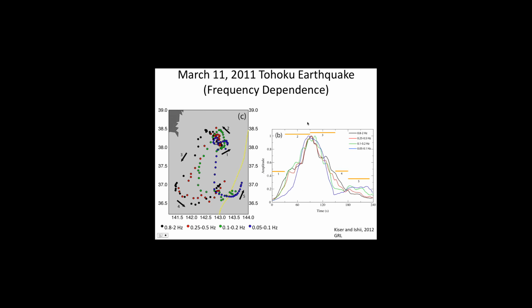You can see that the relative source time functions for the 4 different frequencies look basically the same, but it's interesting to note that for this last episode of rupture, the amplitude becomes larger and larger as you go to lower and lower frequencies, or I should say the relative amplitude does, which may imply, and I think this makes sense, that this rupture very close to the trench may have been somewhat of a slower rupture than the rest of the earthquake.